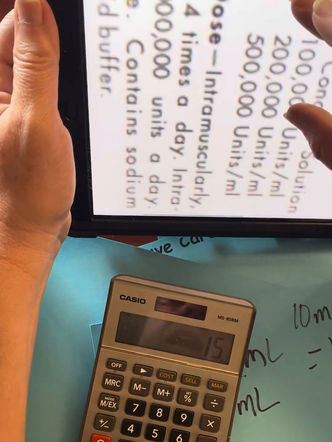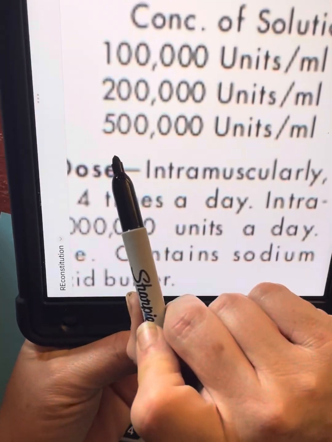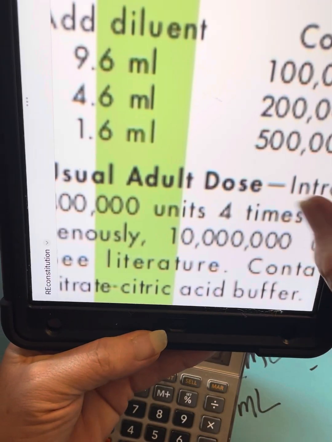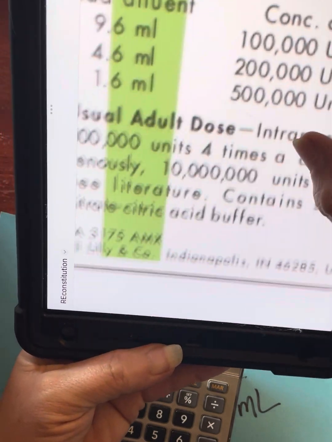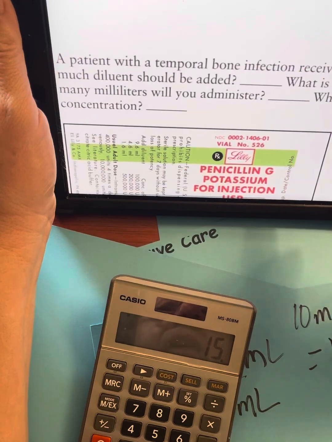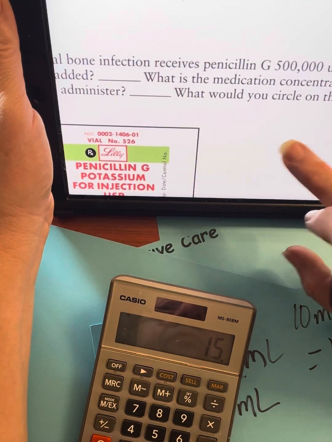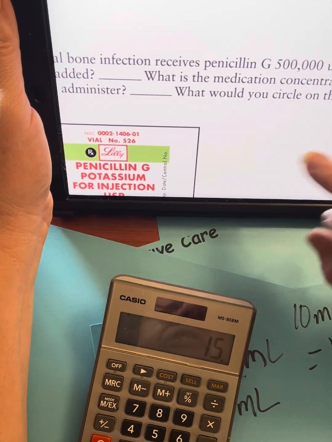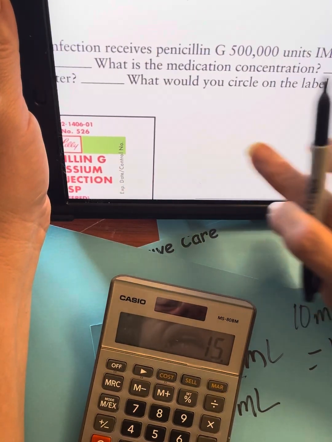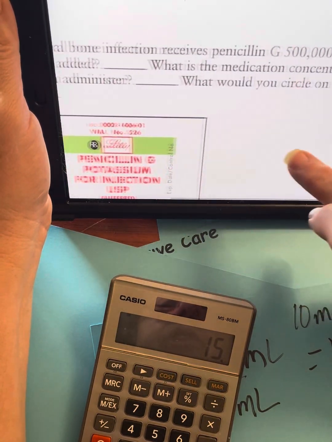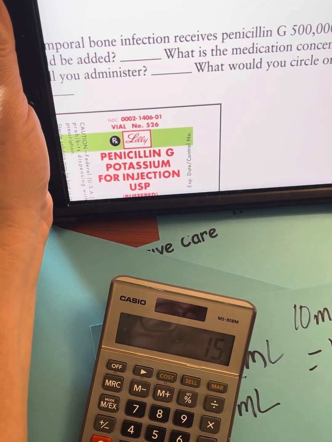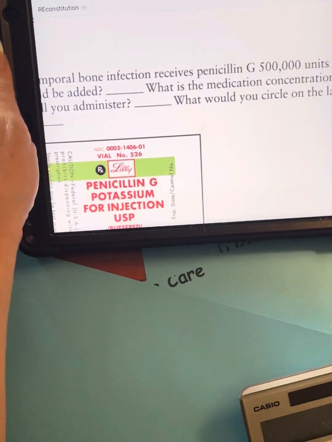It's going to be 500,000 units per milliliter when we add 1.6 milliliters. Help him, God. He gonna help y'all. Okay. That's the medication concentration, 500,000 per milliliter. How many milliliters will you administer? So what he wants is 500,000.